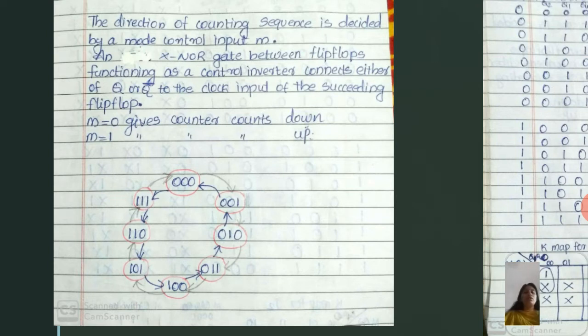Likewise, if you are doing down counting, you will move from 000 to 111, then 110, then 101, likewise, and you will reach 000 itself at last. Here you have to represent the two movements, up counting and down counting, using arrows. The first step is completed.